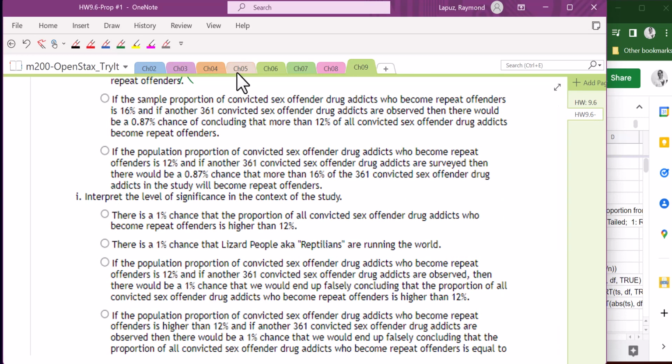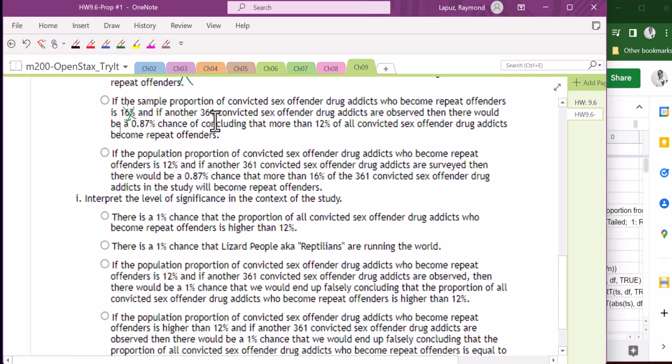First one, if the sample proportion of convicted sex offenders become repeat offenders is 16%. Well, I think it's not 16% that we want. We want to compare it to the 12%. And so it says here there would be a 0.87% chance. So I don't think this is what we want. Let's take a look at the last one.